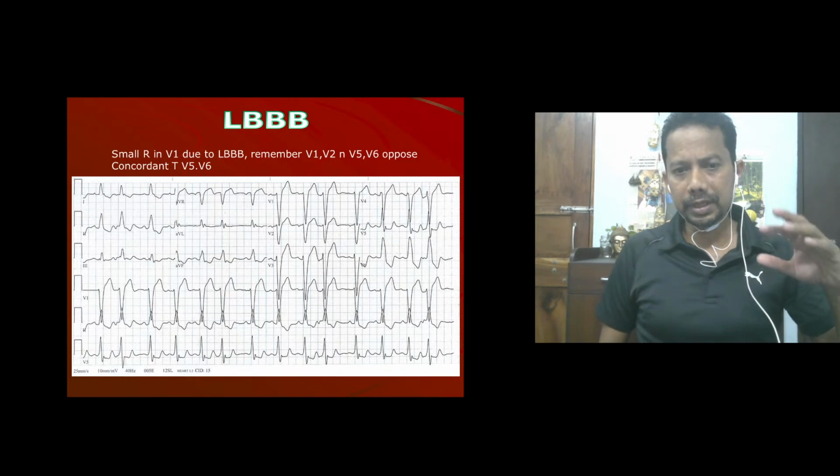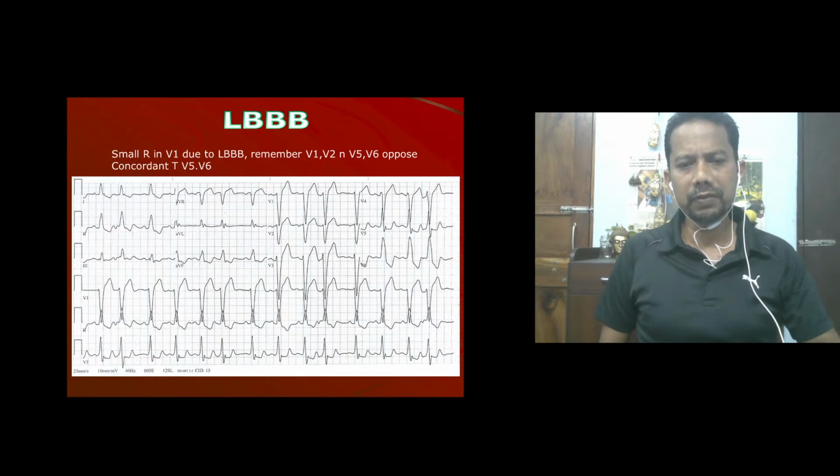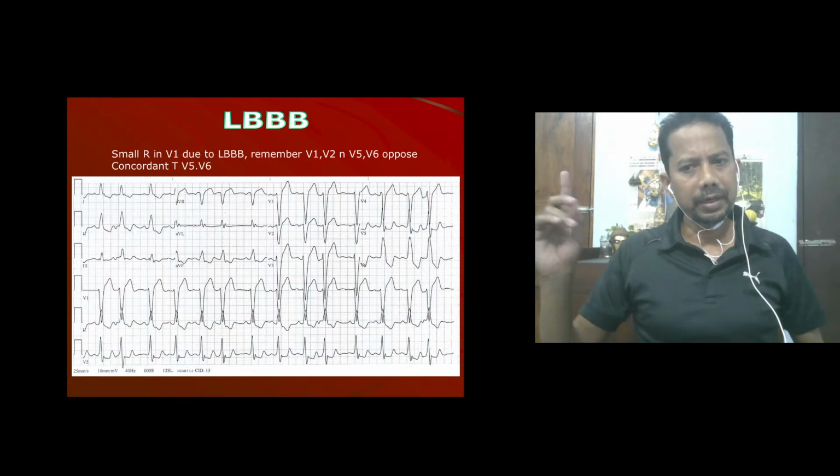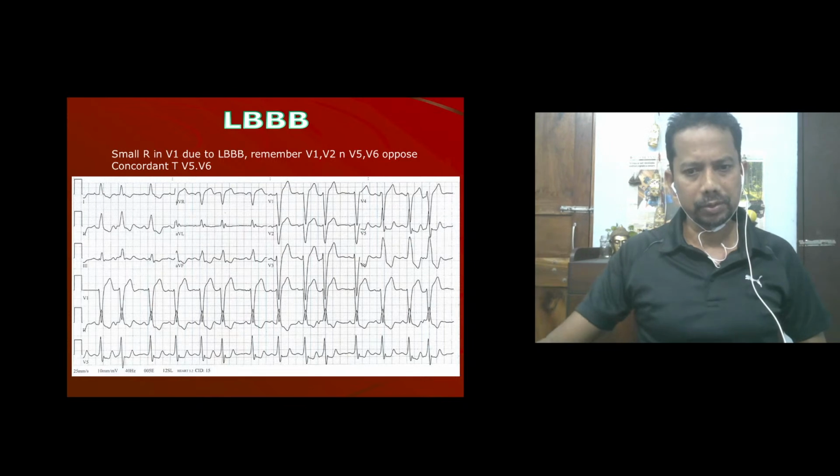Now, if the heart rate is less than 60, it can suddenly cause R on T phenomena, and some ectopic can land on the T wave when it is repolarizing, and then the VT can start. So, brady can cause VT, tachy can cause VT, and blocks also. Okay. So, heart rate has to be within normal range.